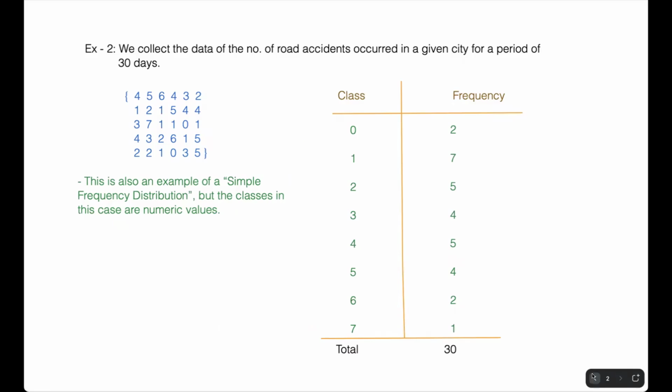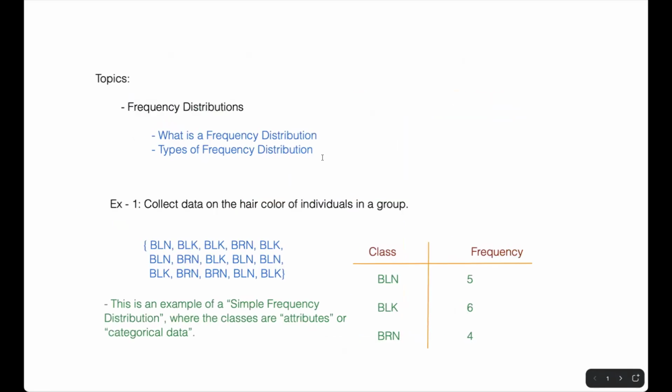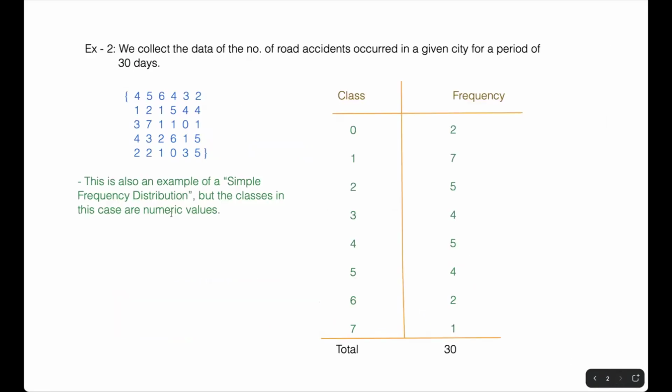Now, coming back to the different types of frequency distribution. So this is what we call a simple frequency distribution, which is one classification. And the other type, so let's talk about the types of frequency distribution. Broadly, we have two types of frequency distribution.